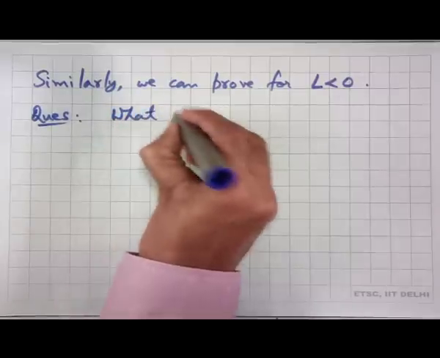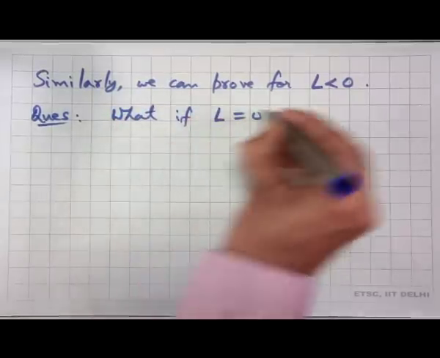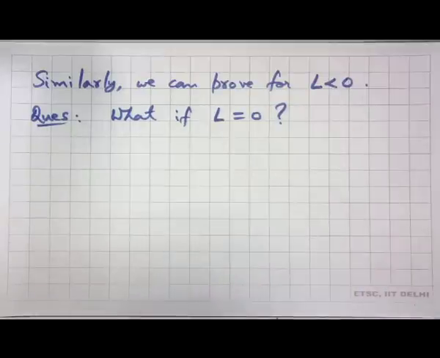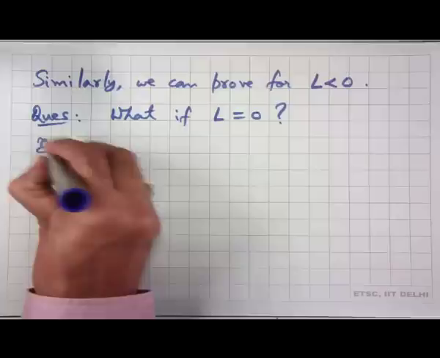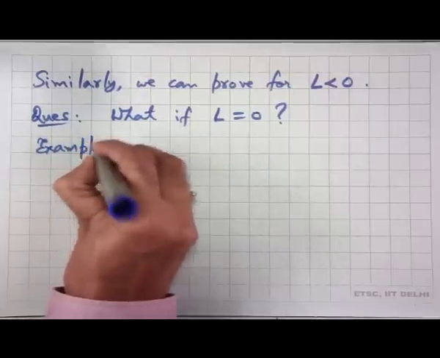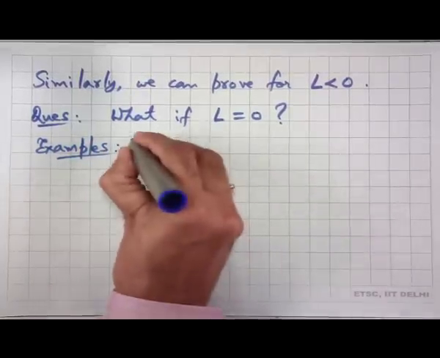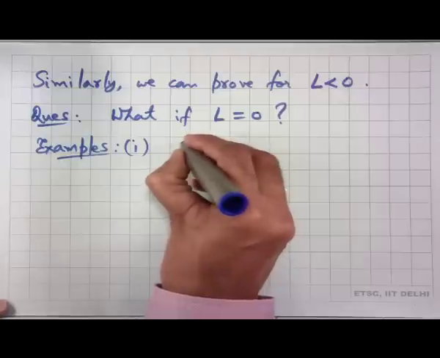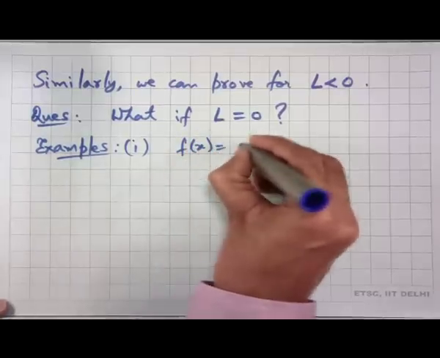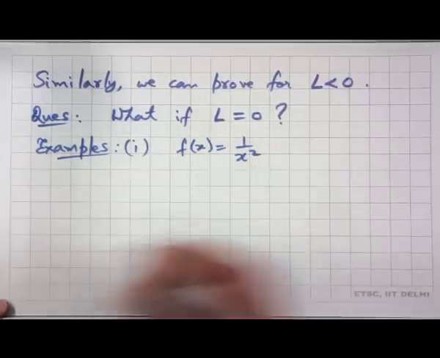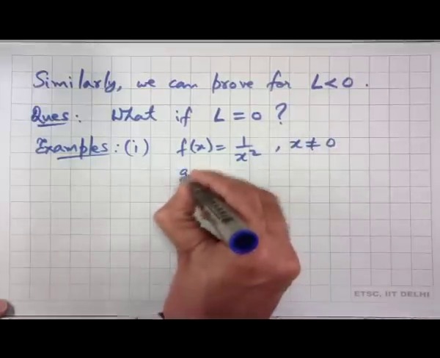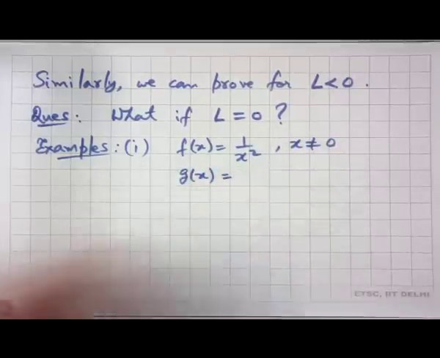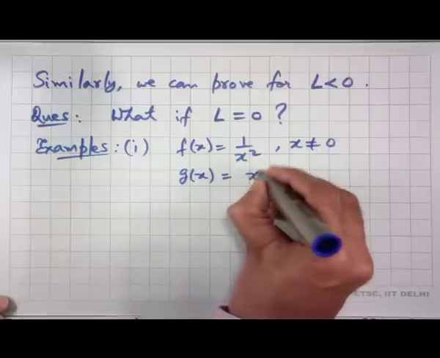So, the question: what if L is equal to 0? Is the limit equal to 0? Is it infinity? Is it something else? Let us consider an example. First, let us take f x to be equal to 1 by x square, x not equal to 0, and g of x equal to say x square.